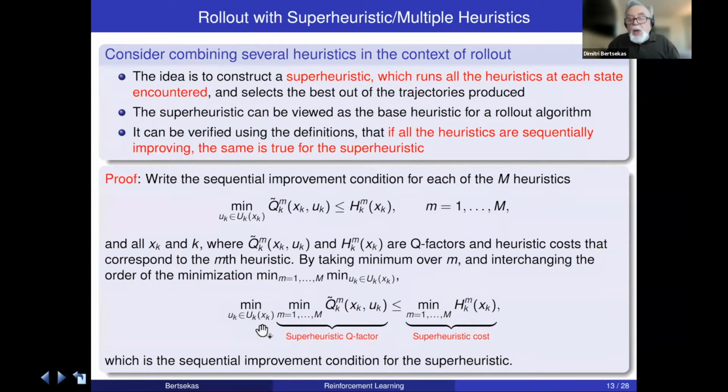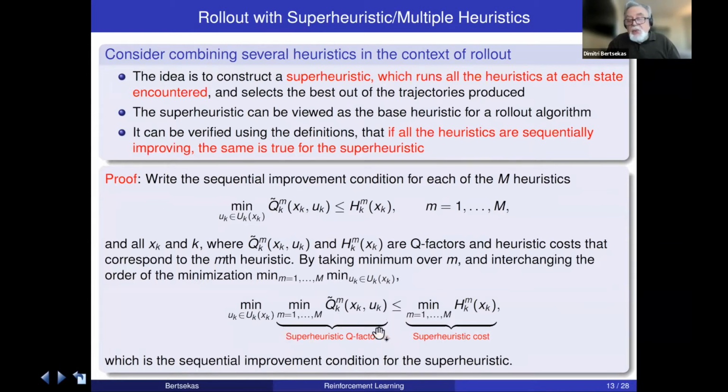But if we look at what we have, this is the cost of the super heuristic starting from xk. Remember, it is the minimum cost that you get by running over all of them. And this is the minimal Q factor of the super heuristic, because the Q factor of the super heuristic is G plus the minimum of the heuristic cost from the next state.